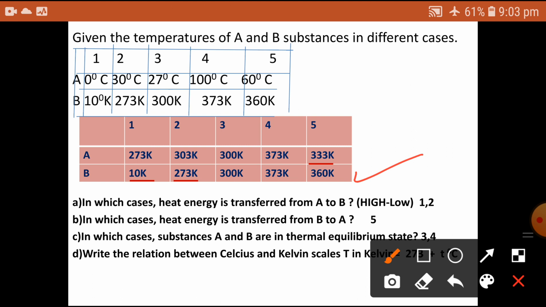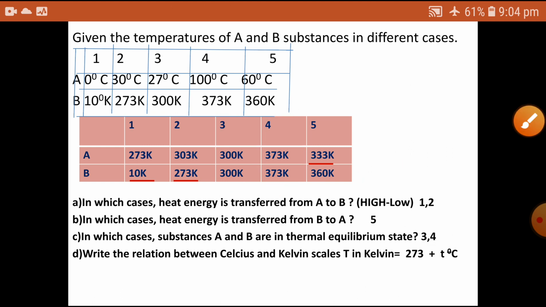In which cases are substances A and B in thermal equilibrium? These two are at the same temperature. So 3, 4. And the fourth question, write the relation between Celsius and Kelvin scale. Temperature in Kelvin is equal to 273 plus temperature in degree centigrade, we already learnt.